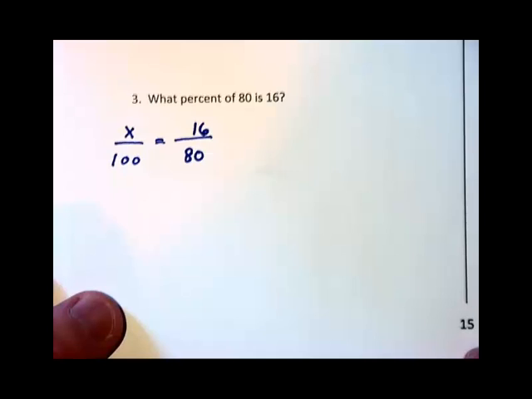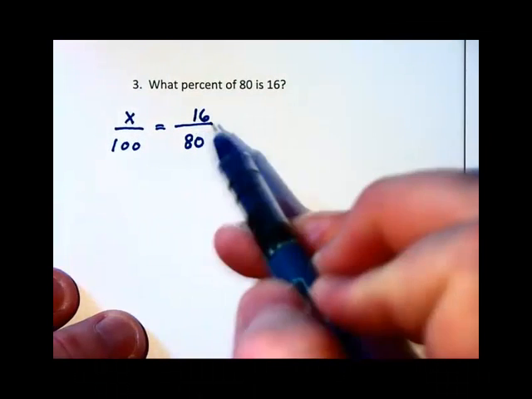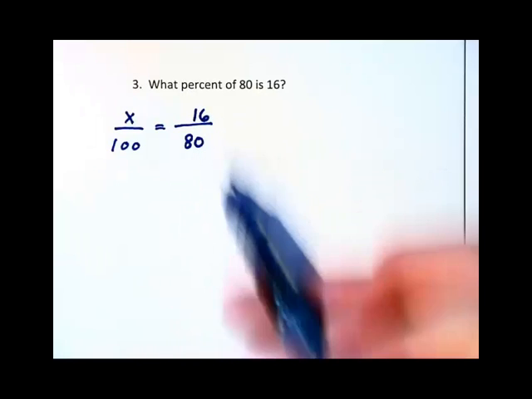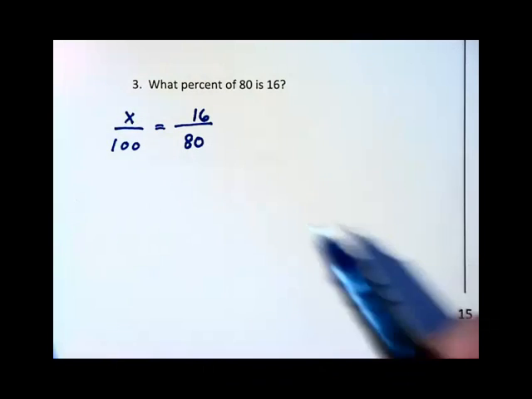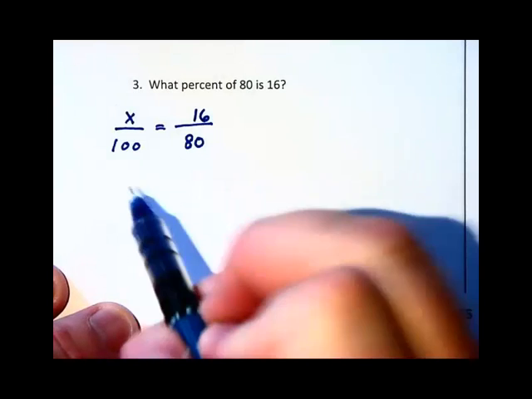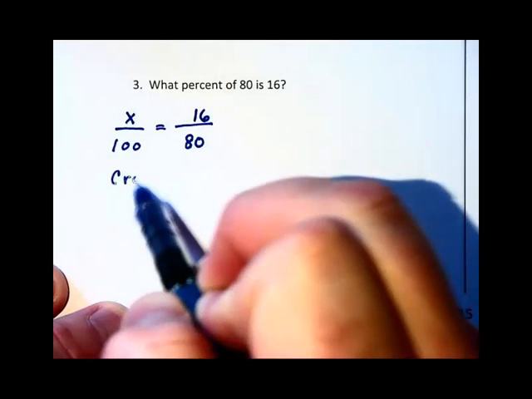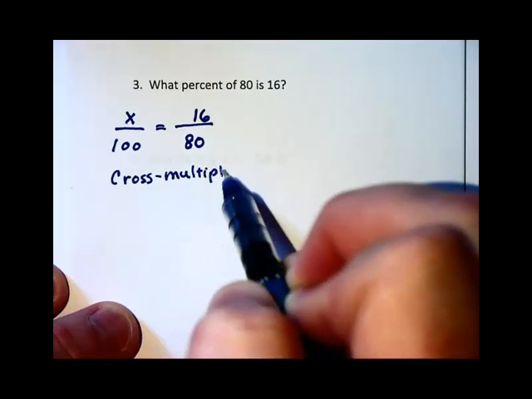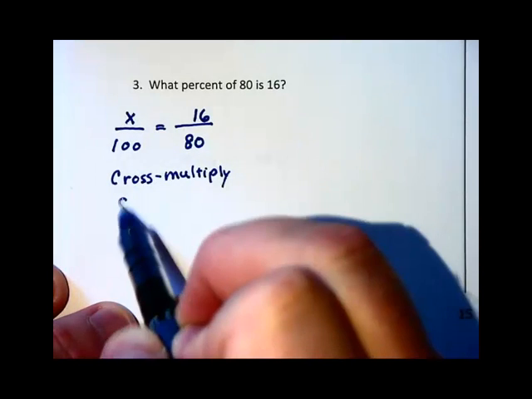In problem number 3, you might not know that 16 times 5 is 80, so there's a multiply by 5 going from top to bottom. So let me just show you how you would do this if the numbers weren't neat. You would cross multiply, and one diagonal would be 80 times x.